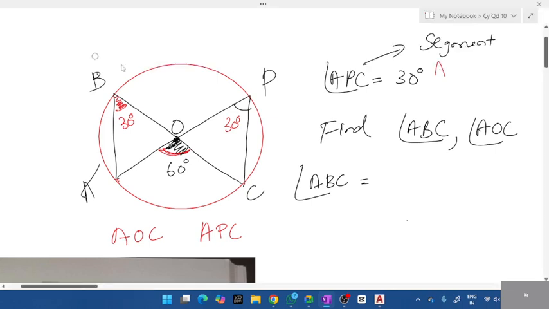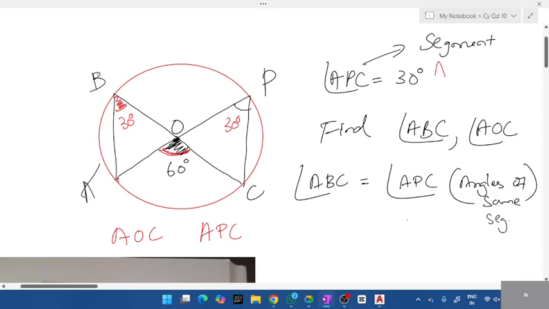ABC is formed on the circumference. Look at ABC. It is equal to angle APC. What will you write, students? What's the statement you have to write? Both are angles of same segment. Yes. Angles of same segment. That's the difference. This is the difference between sector, segment, and triangle.